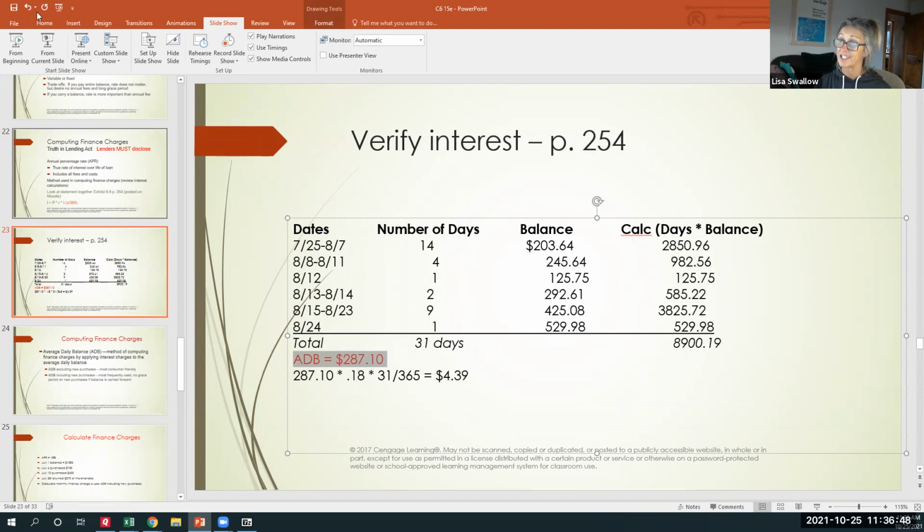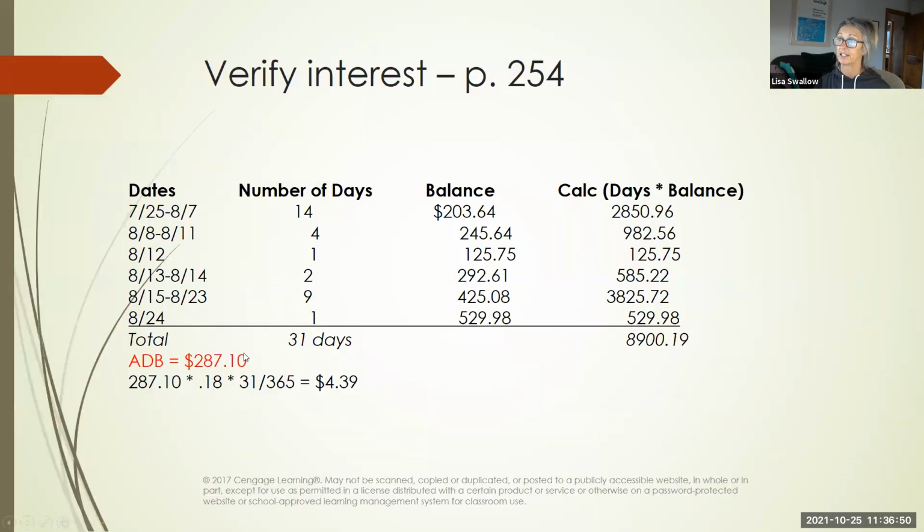And that is my average daily balance. Then we're going to do our calculation that we've been doing all along. Interest equals principal times rate times time. And my principal is the ADB. My rate is from the card, 18%.